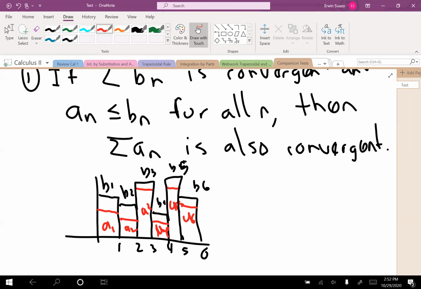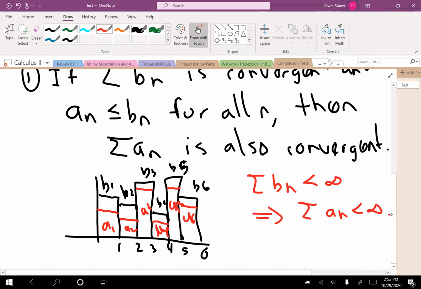So of course, if the sum of the rectangles of B is convergent, it's less than infinity, then the sum of A_n is less than infinity. Convergent means the sum is a real number, like a geometric series.